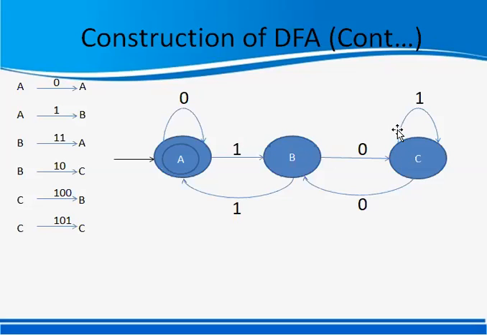Now we will check for the input 1. So from state C on input 1, we have a complete string 1 0 1, because we have reached state C from state A on input 1 0, and now we have input 1. So the complete string becomes 1 0 1, which is equivalent to decimal number 5.